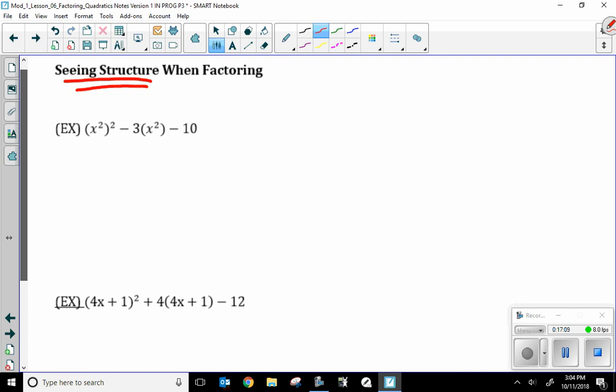Let's use v. If I had v squared minus 3v minus 10, I could factor that. Let's go ahead and factor that. Two numbers that multiply to negative 10 that add to negative 3. So I'm going to put a v here, and a v here.